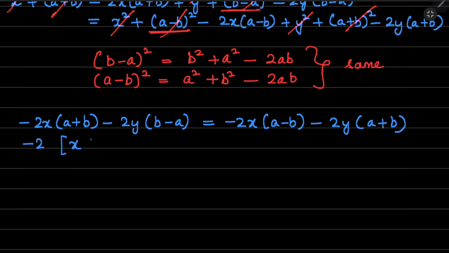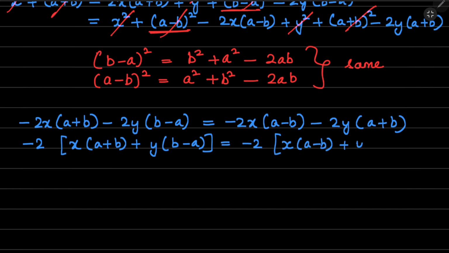So what remains? x into a plus b plus y into b minus a, again equal to x into a minus b plus y multiplied by a plus b. So again you have your minus 2 getting cancelled.